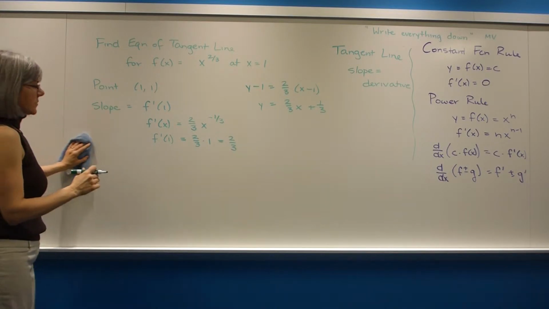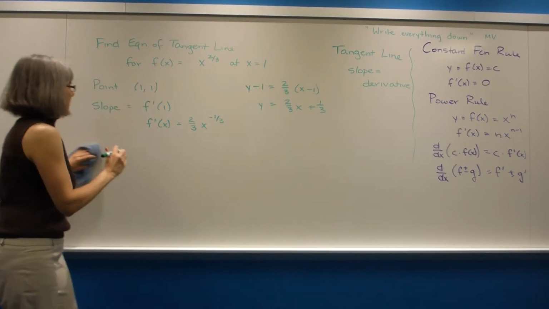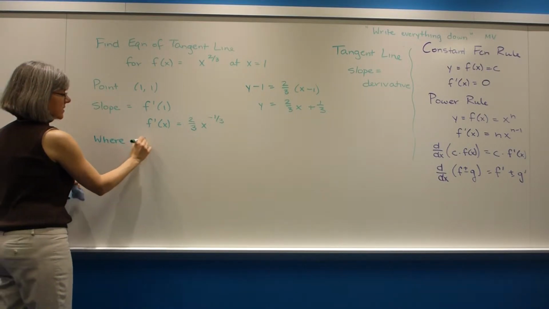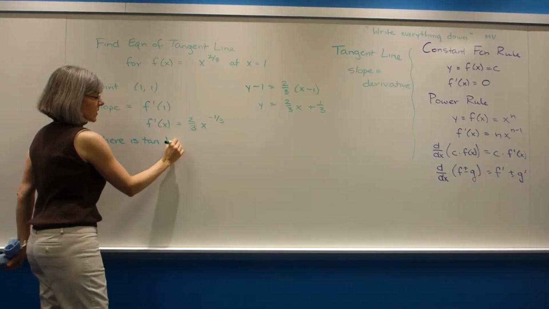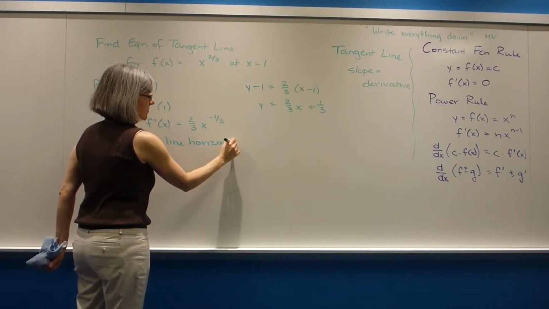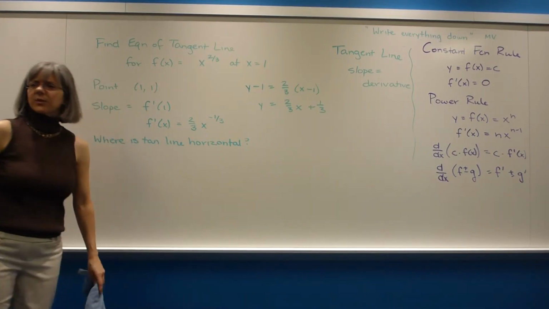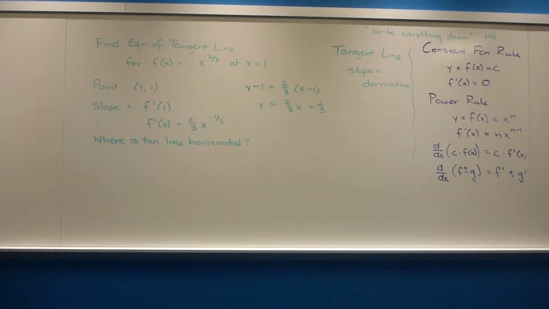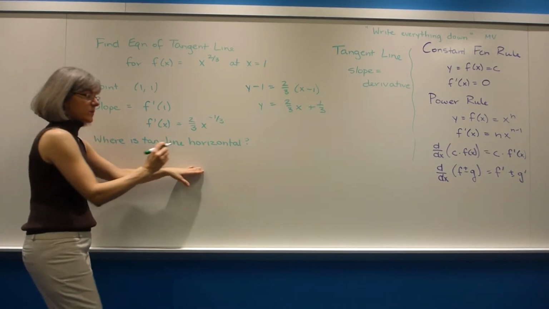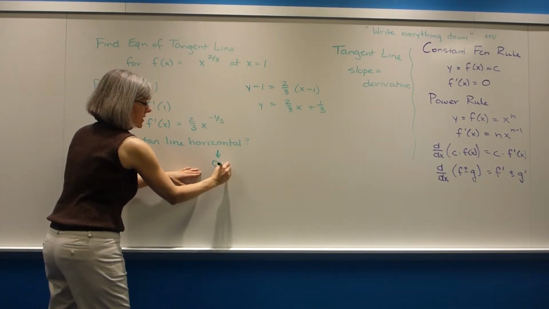So let's see, what can I erase? I'm going to erase this and write question B. Where is the tangent line horizontal? A bad example for that. Okay, what does that mean? Horizontal means 0 slope.